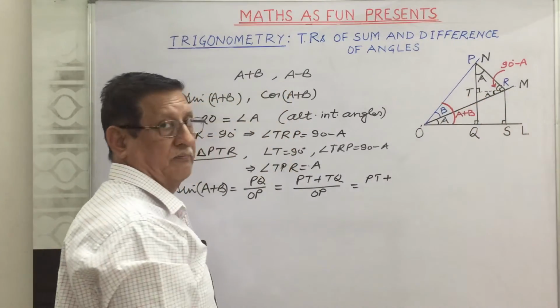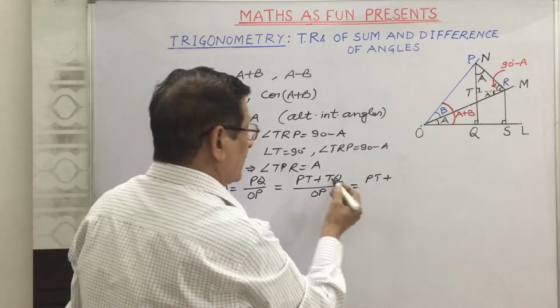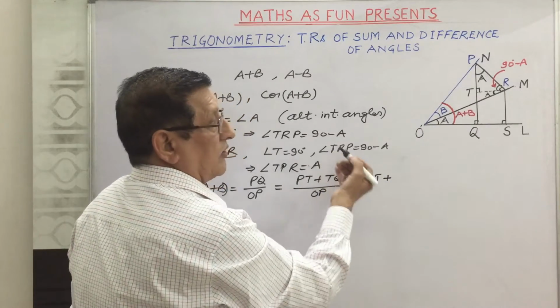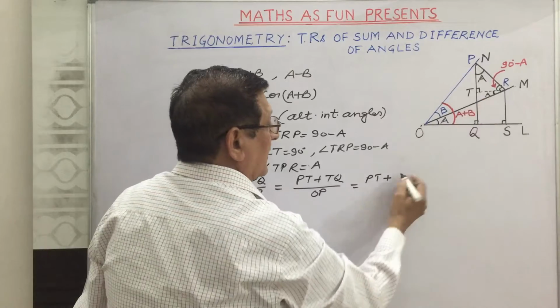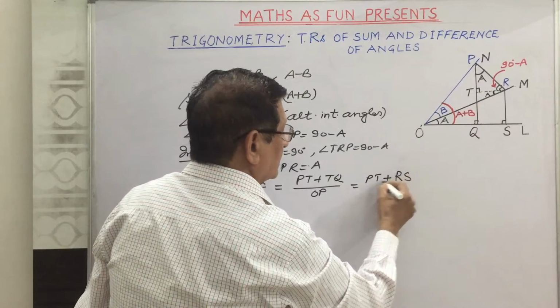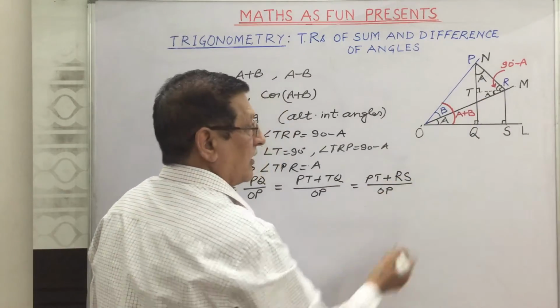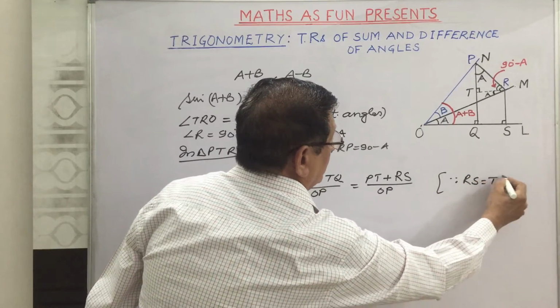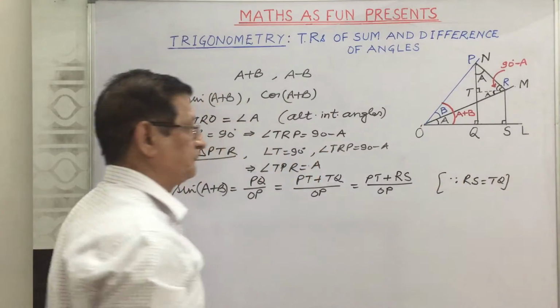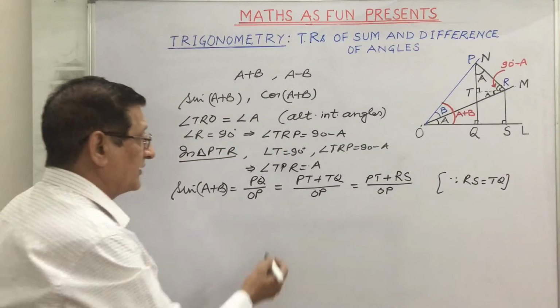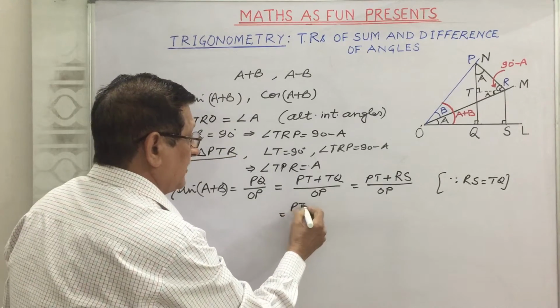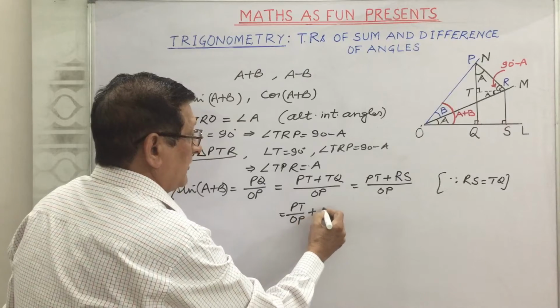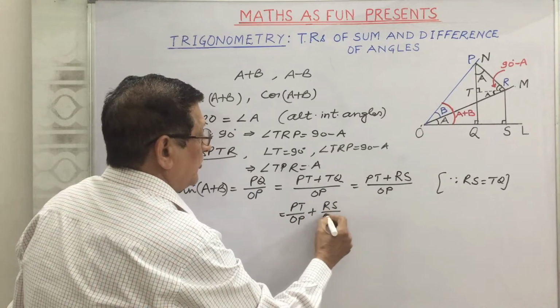Hence TQ can be replaced by RS, since RS is equal to TQ. If we write them separately, PT upon OP plus RS upon OP.